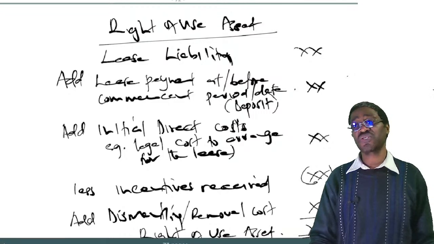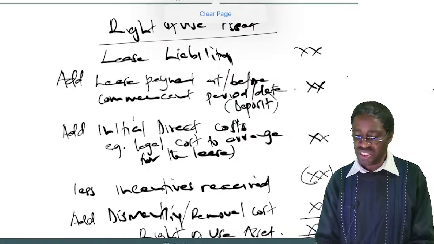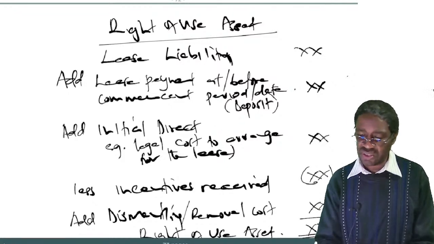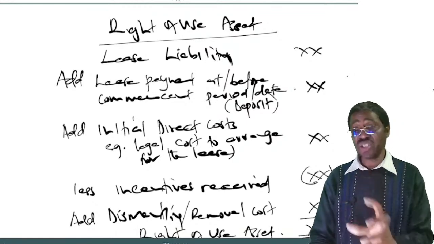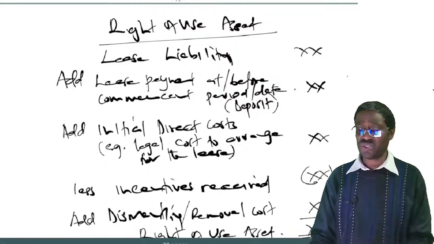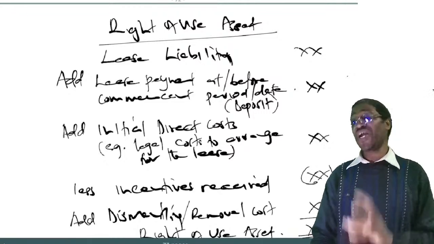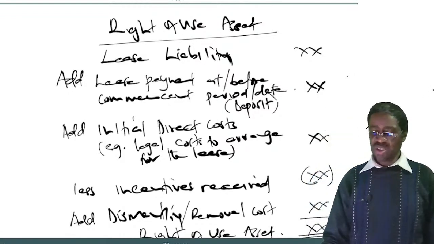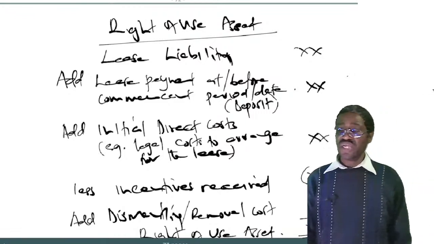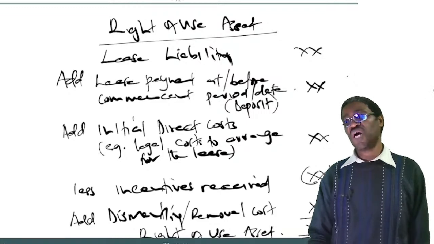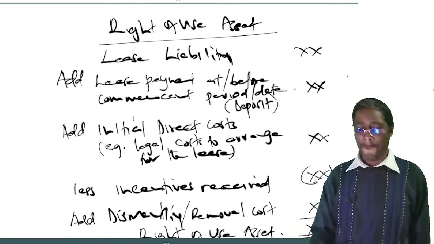You can put in brackets, e.g., legal costs to arrange for the lease.